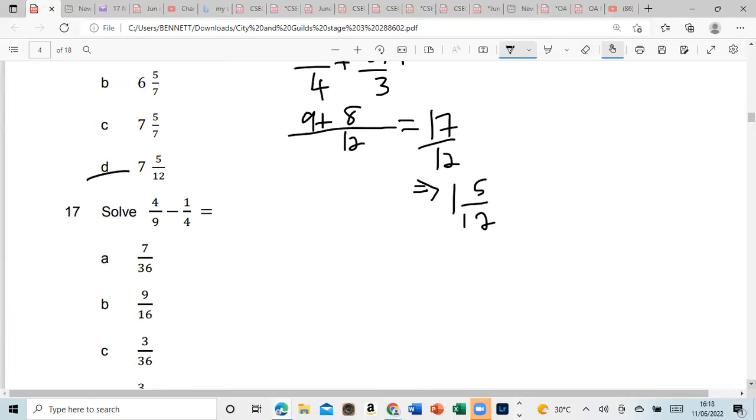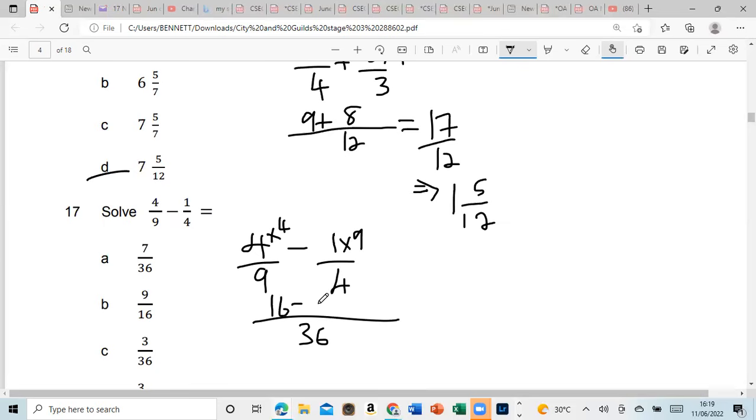Solve 4 over 9 minus 1 quarter. So like a common denominator. The LCM is 36. 9 into 36, that's 4. 4 times 4 is 16. Minus 4 into 36 is 9. 1 times 9 is 9. So 16 minus 9 is equal to 7 over 36.